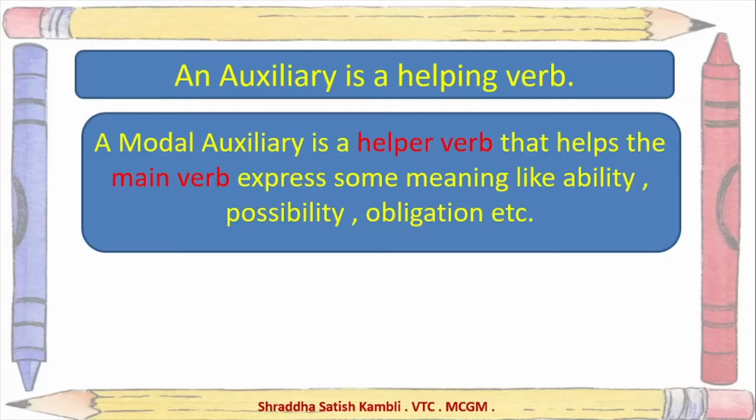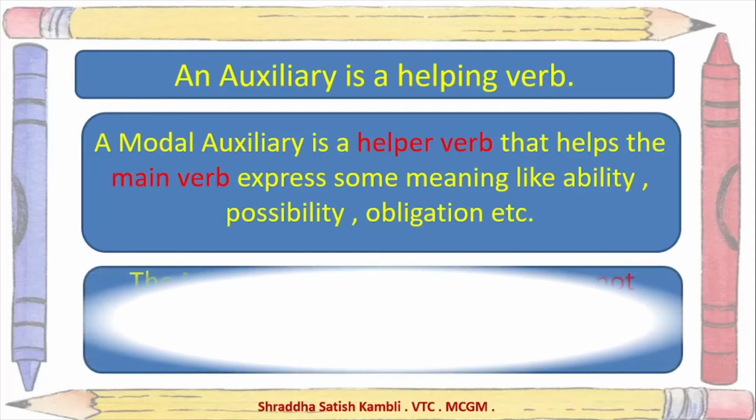I cannot do something, that is my inability, isn't it? So these modal auxiliary verbs help the main verb to show some kind of ability, even possibility. Possibility, it might rain today is a possibility. Okay, and also obligation. Obligation means something which you must do, something which is your duty. So these are all the things which a modal auxiliary verb aims to do. Okay, it aims to help the main verb to express some meaning.